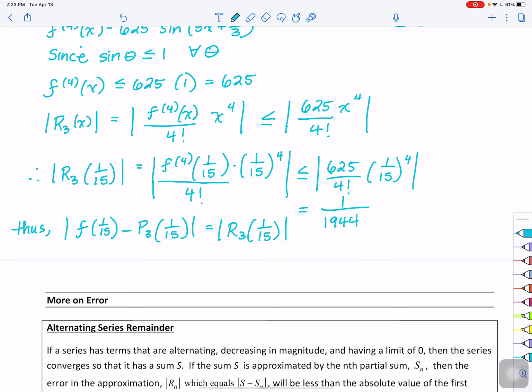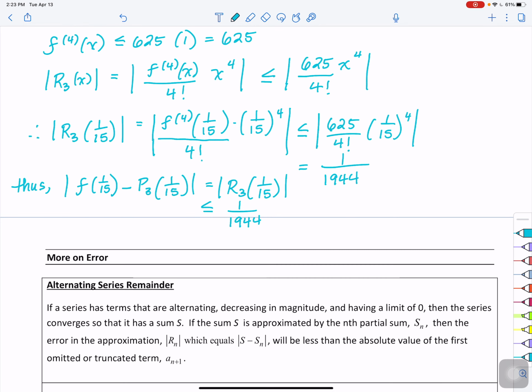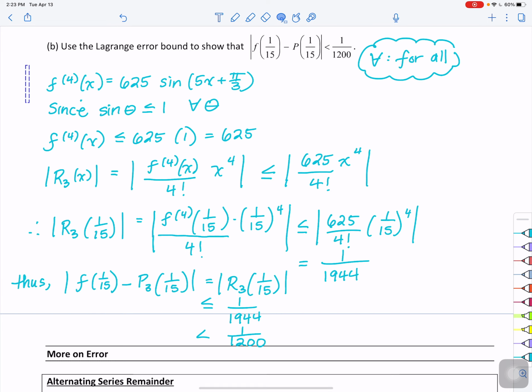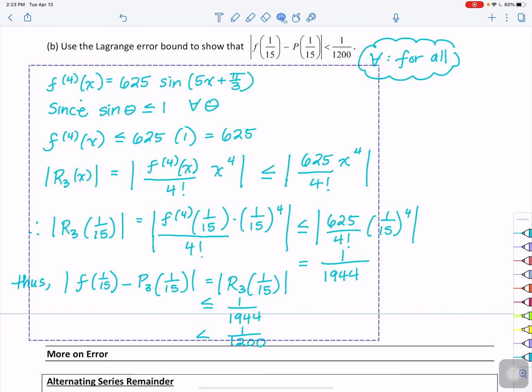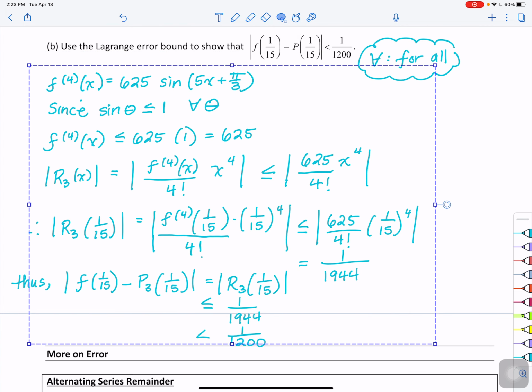All of that, and then that is actually bounded by 1 over 1944, and that is less than 1 over 1200. See if I can get this just a little bit higher. I did not do a good job there.